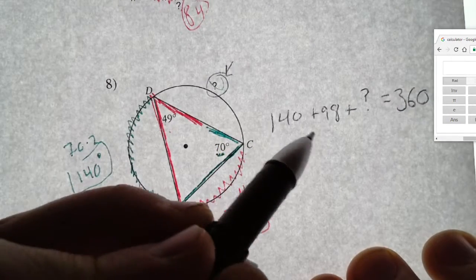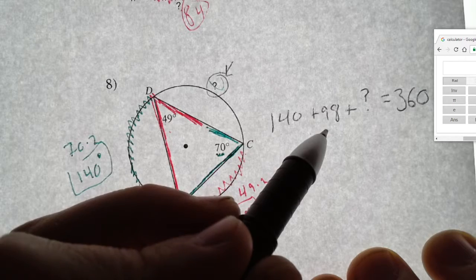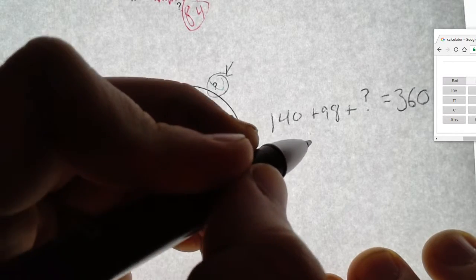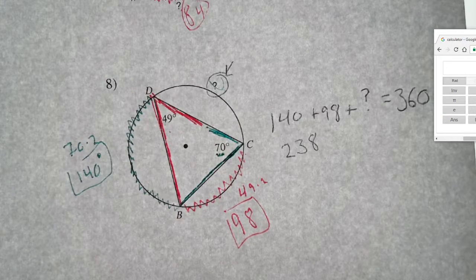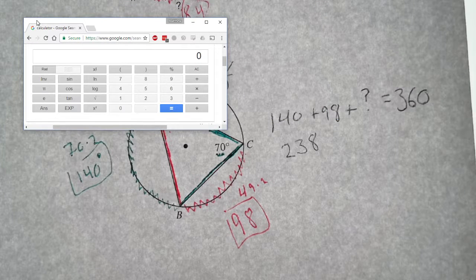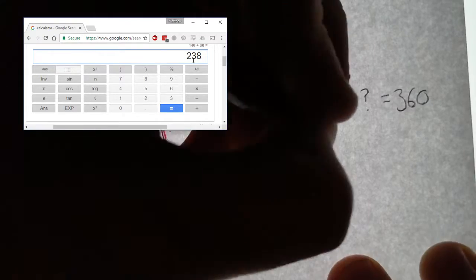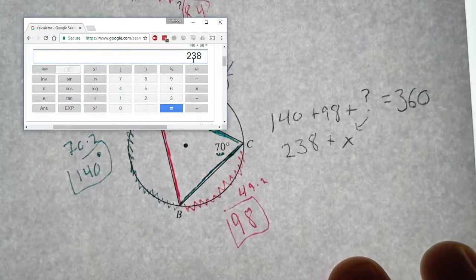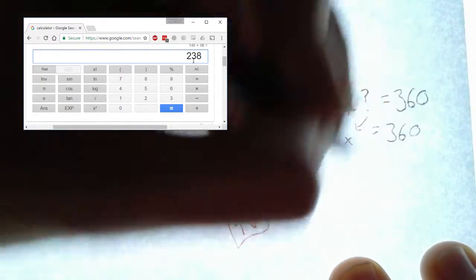Well, 140 plus 98 gets me 238. If you don't believe me, let's check the calculator just to be sure. So 140 plus 98, 238, plus x, I'll change this question mark into an x, equals 360.